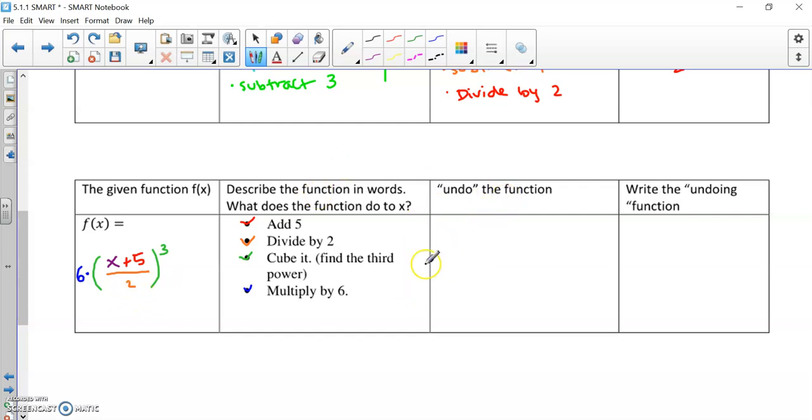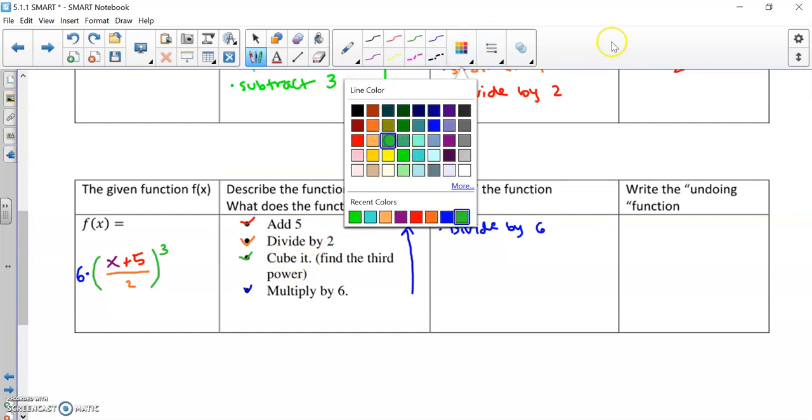All right, now let's undo the function. So we're going to start at the bottom and go up. So instead of multiplying by 6, we do the opposite, which is divide by 6. All right, now that we have done that, next will be to do the opposite of cubing.